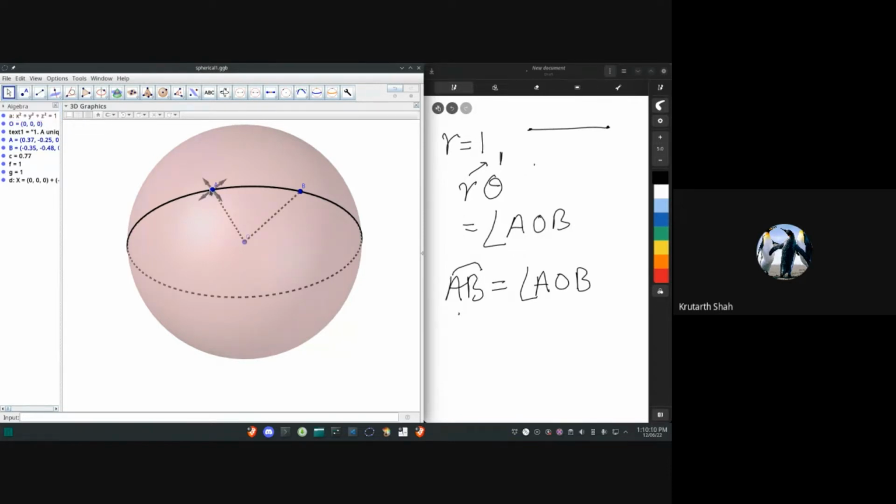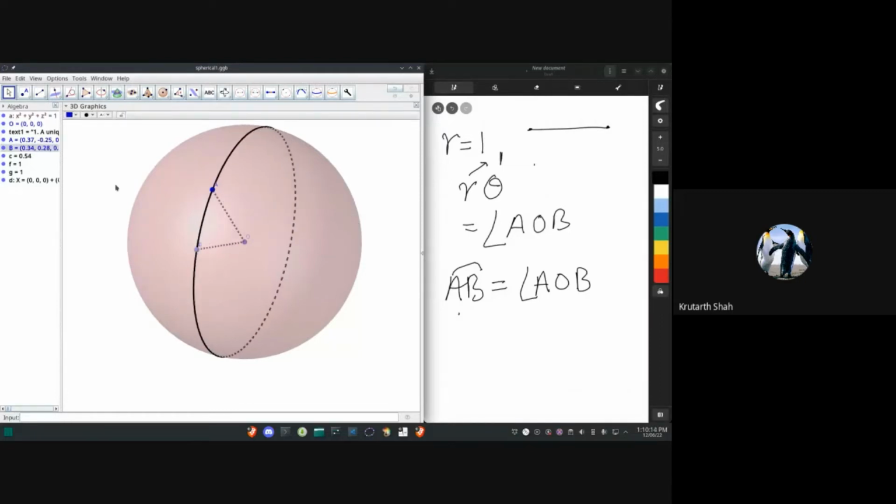So, the angle between two lines. Suppose we had these two lines. We define the angle between two lines to be the angle between the tangents at the point of intersection. For example, let AB be a line and CD be another line.